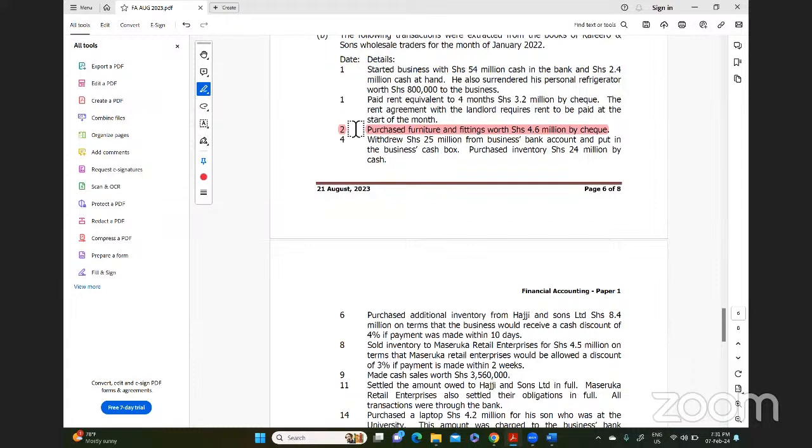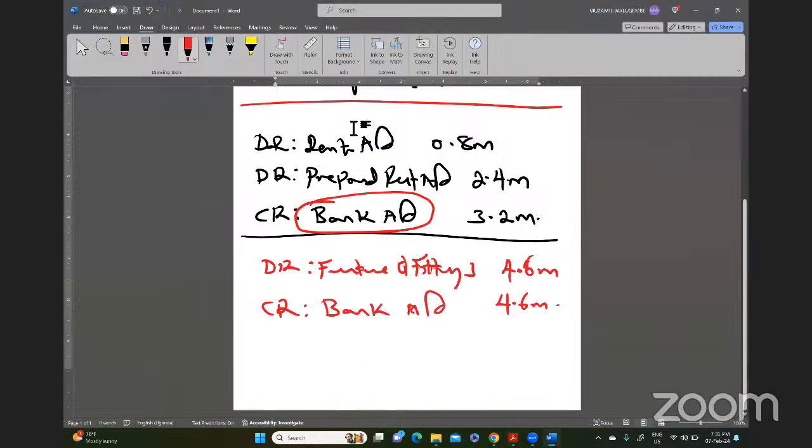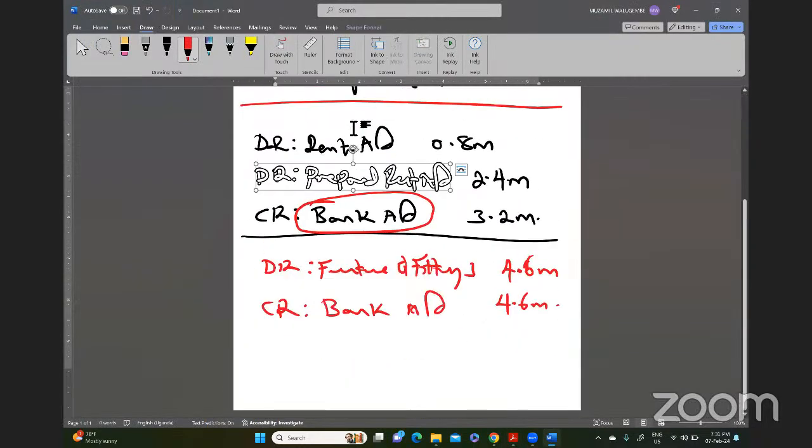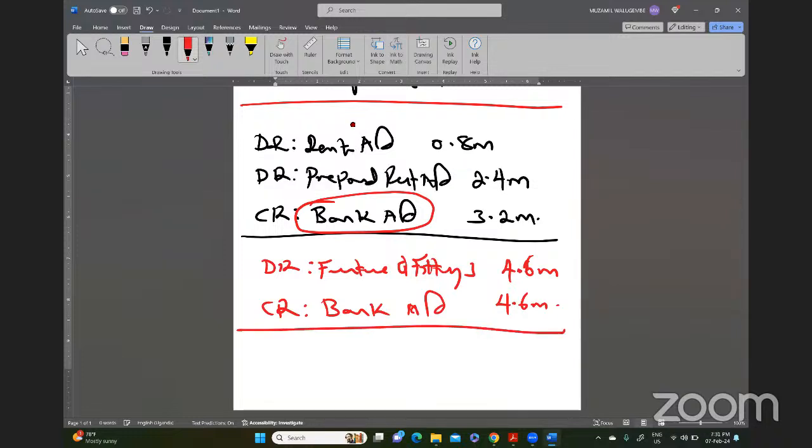Okay, so we are withdrawing. When you withdraw, what do we do? We debit cash, then we credit bank. So we are going to debit cash. And we credit bank.